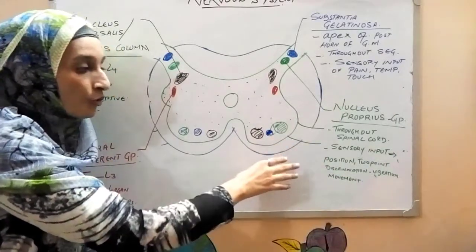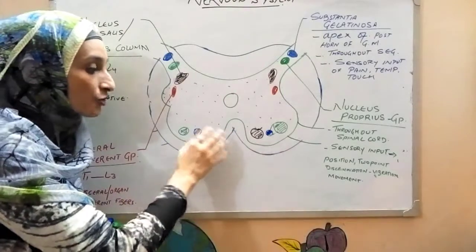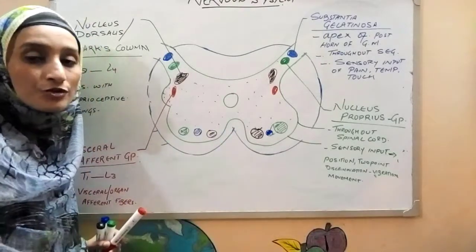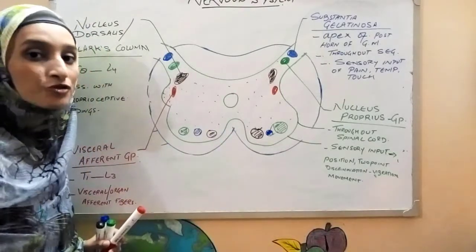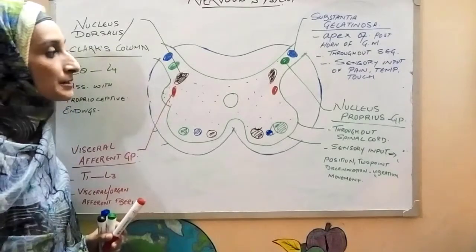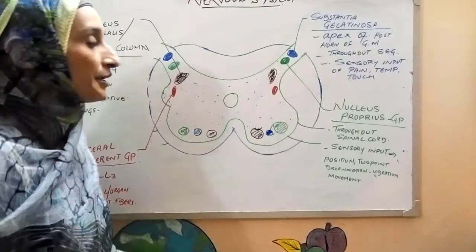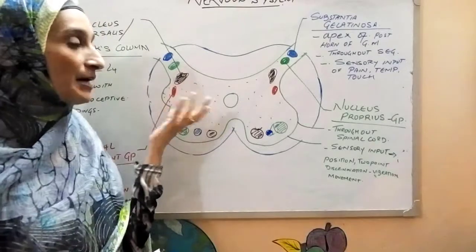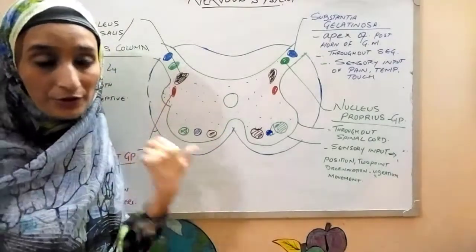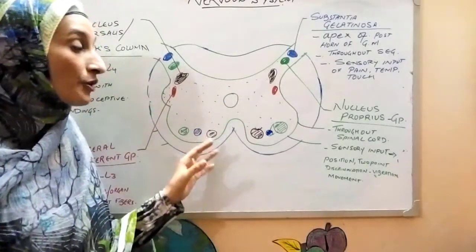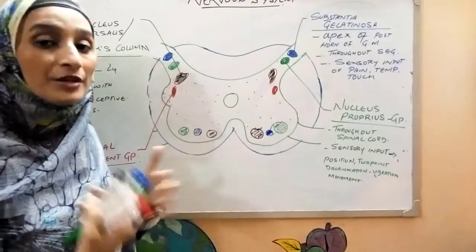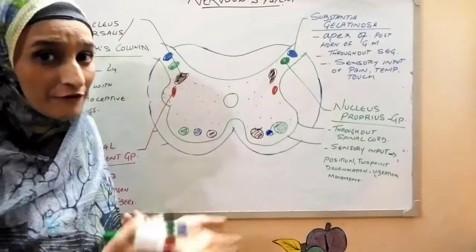So these groups are present according to the region they are supposed to innervate. Similarly, the posterior nerve cells receive the sensory input, and therefore they are present according to the segments from where they are supposed to receive that particular information.